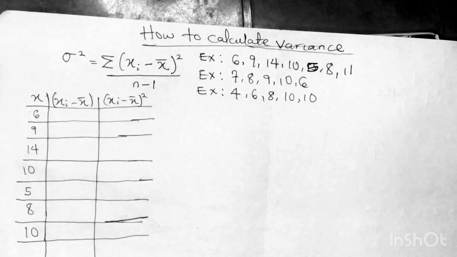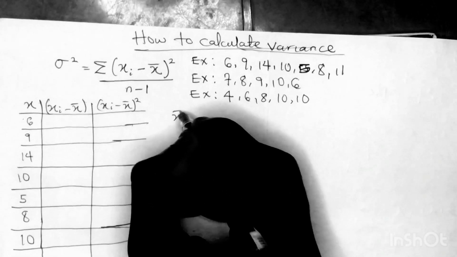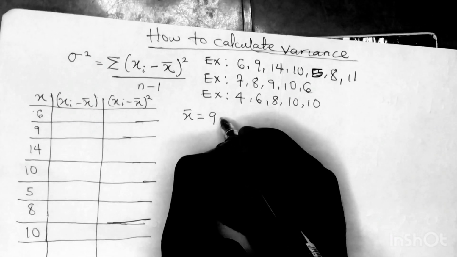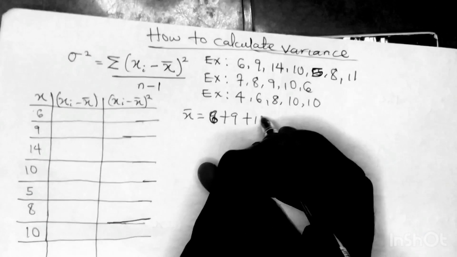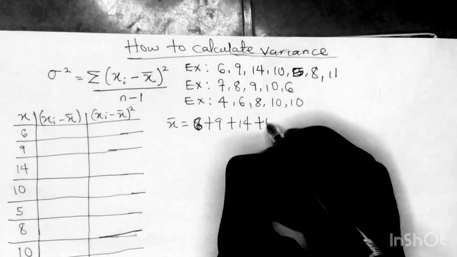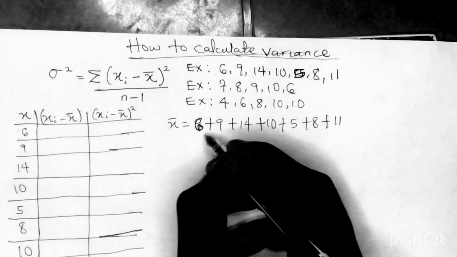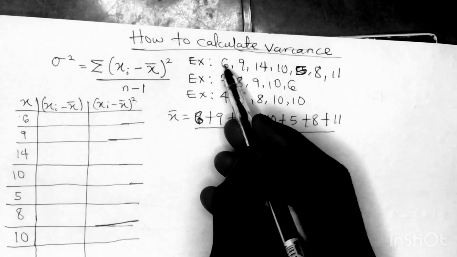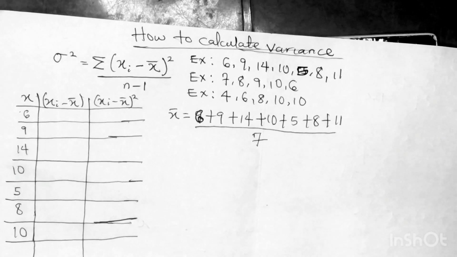Since our x bar is the mean, finding the mean will be the addition of what you have. So our x bar is going to be 6 plus 9 plus 14 plus 10 plus 5 plus 8 plus 11, all over how many numbers do I have here? 1, 2, 3, 4, 5, 6, 7. So that is over 7.